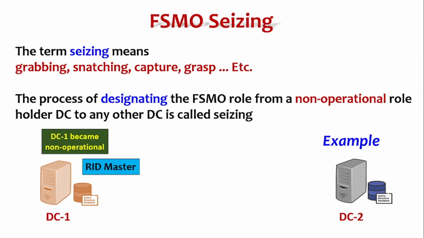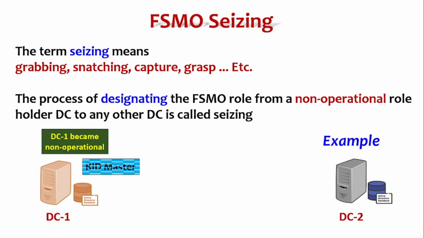Now we won't be able to transfer the RID master from DC1 to DC2, because the prerequisite to transfer an FSMO role is that both the source and the destination should be up and running. But in this case, DC1 is absolutely down. It's non-operational.